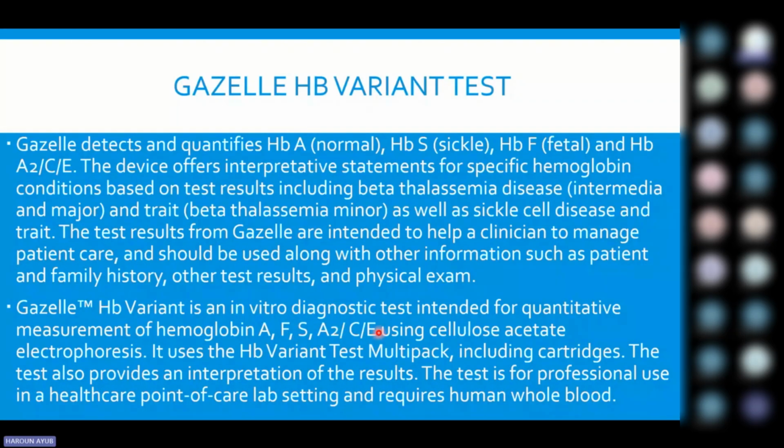A2, C, and E co-migrate. So we'll see how the report gives the A2CE, and you'll find that their representation will be given as a percentage as a grouping together. Depending on how these other particular variants form, it will determine how the machine will interpret the A2, C, and E for you.